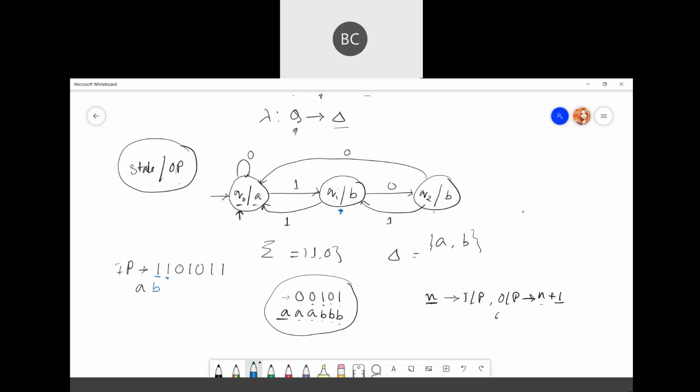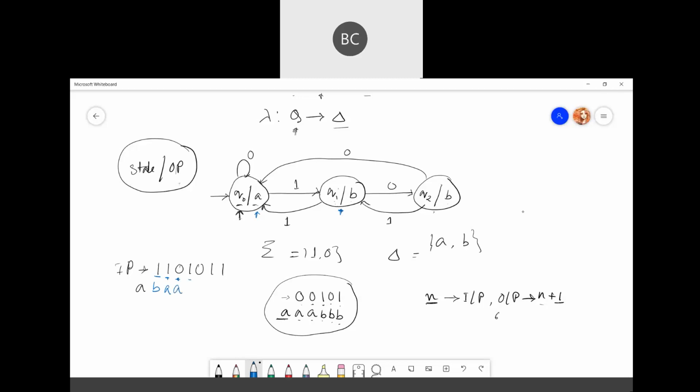From Q1, if you take 1, it is going back to Q naught again. What's the output for Q naught here? It is A. Now from Q naught, the next input symbol is 0. If you take 0, it is coming back to Q naught again. And the output for Q naught is A.